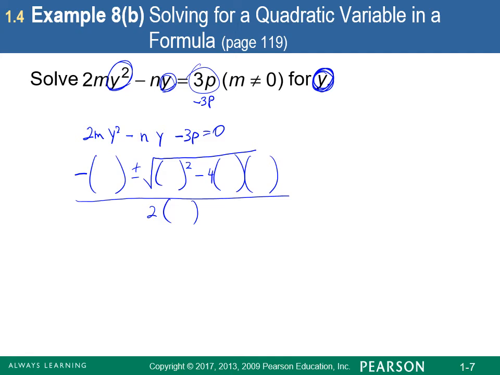So here in the first box is b. Now b is negative n. So in the first box, we're going to have negative n and negative n. This is the a, and a is 2m. And finally, the c is the entire thing out to the right before the equal sign.